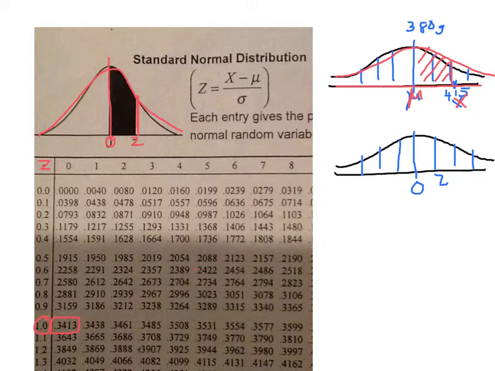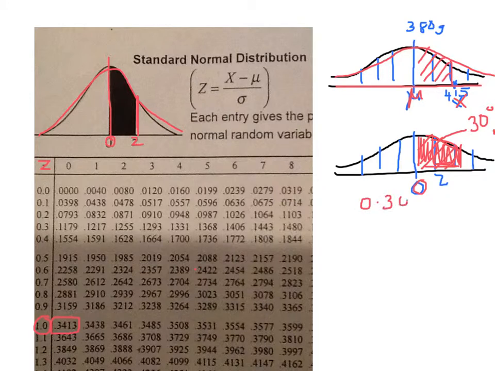In a Z table, if we have 0 and we want to find the Z value for the shaded area, let's say it's 30%. So 0.3, or 0.30, is what I'm looking for.